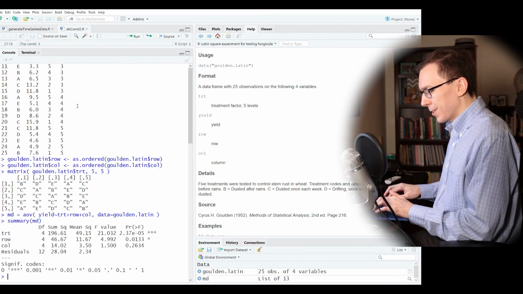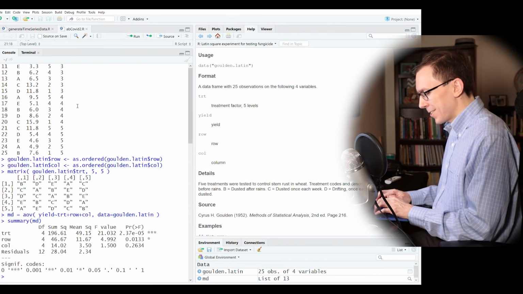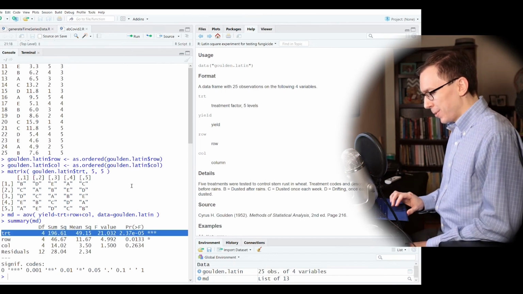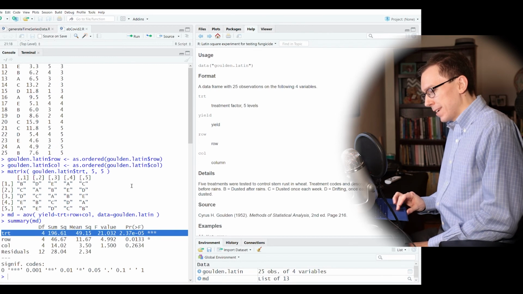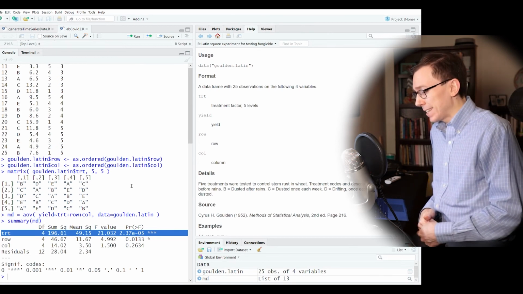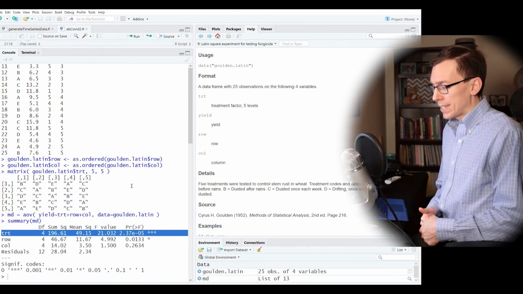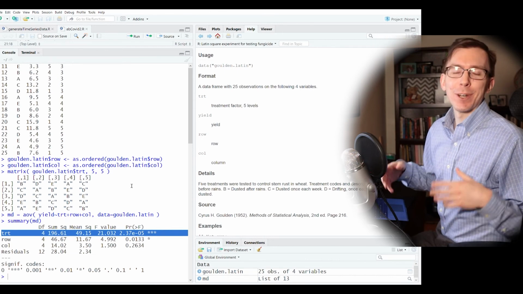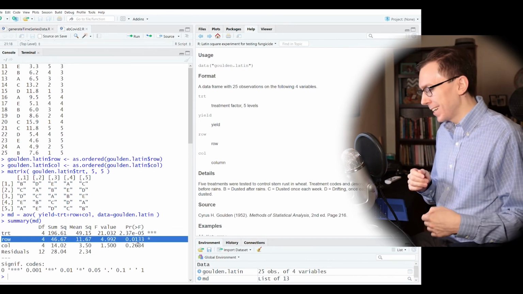And what do we get when we look at our ANOVA table? Well, what we get is something quite neat. What we see is the treatment has a very significant F-test. So that's good. That means that at least one of our treatments is performing differently than the others. We don't know which one yet. That's for the post hoc test.